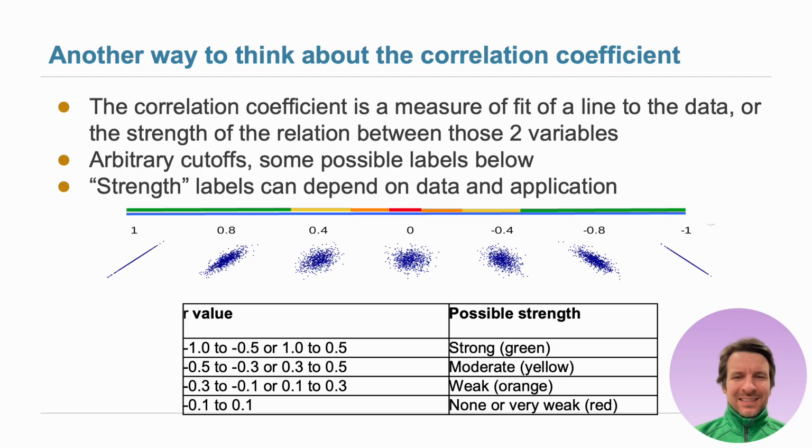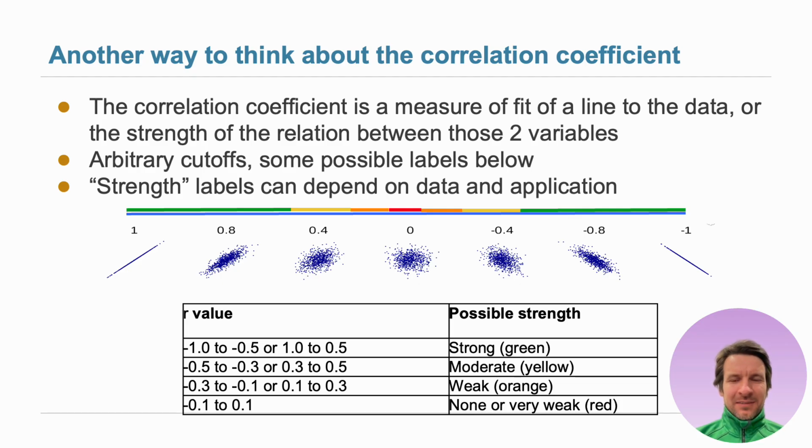You may ask, if you have a correlation number, what is high and what is low? There are no natural cutoffs that one can come up with, but it is reasonable that if the number is close to 1, it is strong association. If it's close to 0, it is no association.